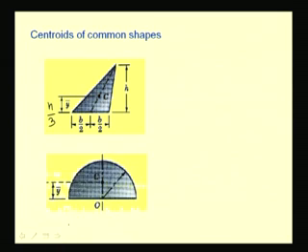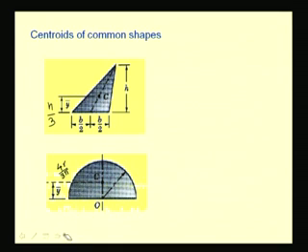And another lamina is shown here. From this geometry, we say that the centroid lies along one of the diametrical lines and at a distance of 4r by 3 pi, if r is the radius.